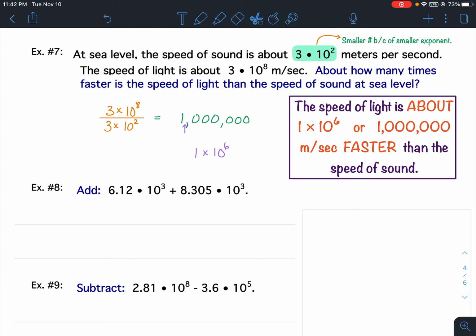But the key word here is don't forget the word about, because this is an approximate answer. It'll say about 7 times greater or about 7 times more, something like that. If you have any questions on example 7, please do not hesitate to ask.